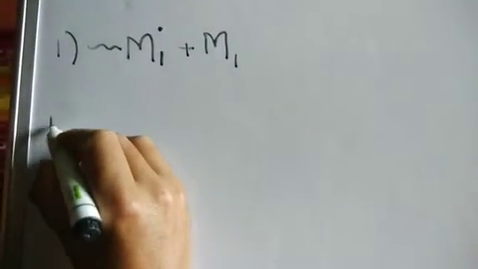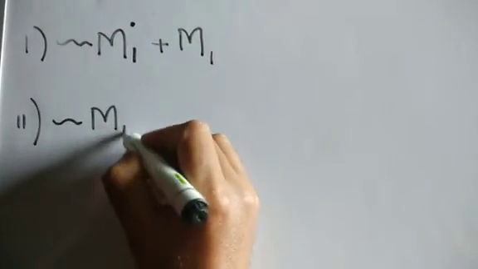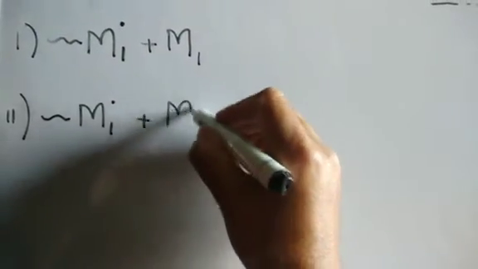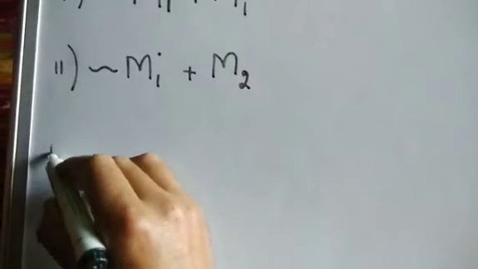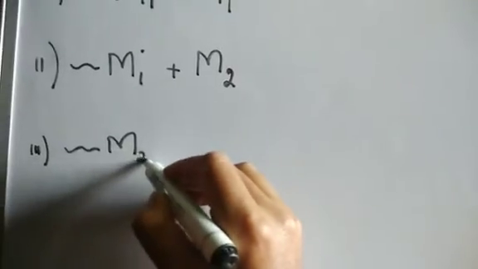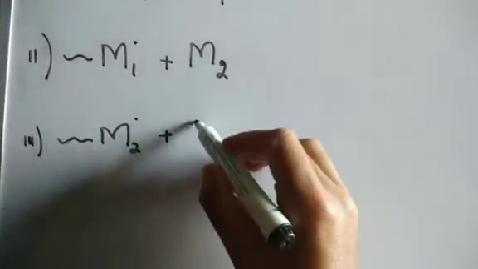Second possibility, that this radical 1, a chain with a radical 1 which is formed in the initiation step, that reacts with a different monomer, because both are present in the solution or both are present in the reaction mixture. The third possibility is that the chain has a radical M2, and then that reacts with the same monomer of itself.